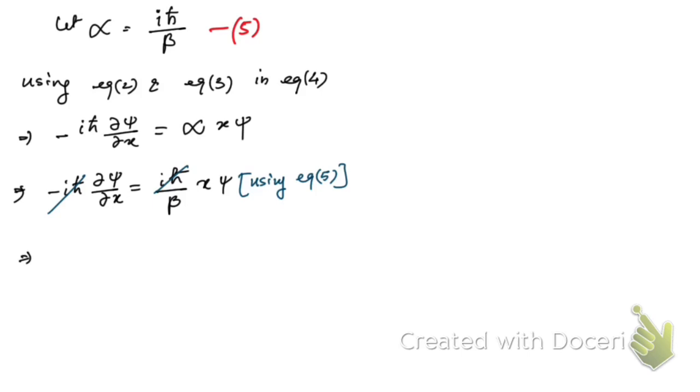Now let us separate the variables. Doing so, we're going to have minus del psi by psi is equal to x by beta del x, and let me write the minus here. That's what we have got.